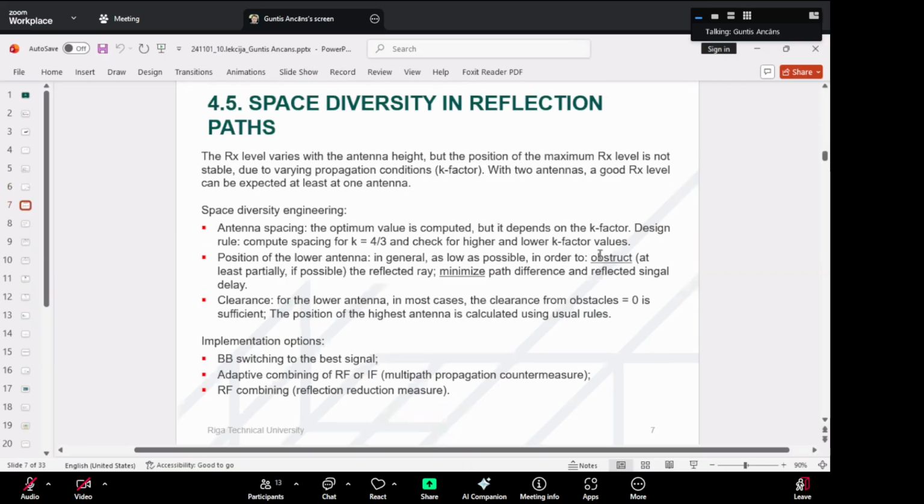Receiving signal level varies with the antenna height, but the position of the maximum receiving level is not stable due to varying propagation conditions. With two antennas, a good receiving level can be expected at least at one antenna.